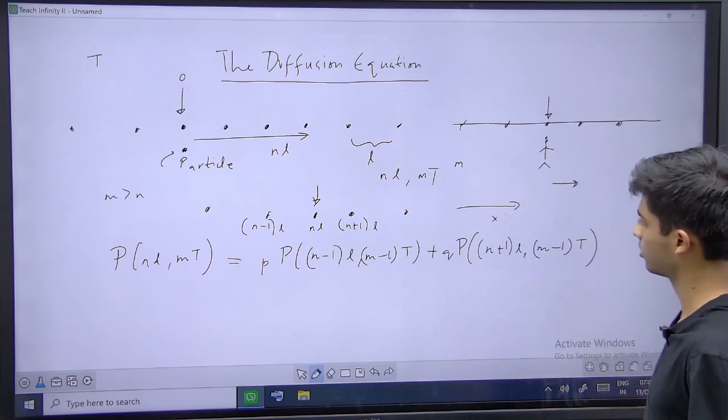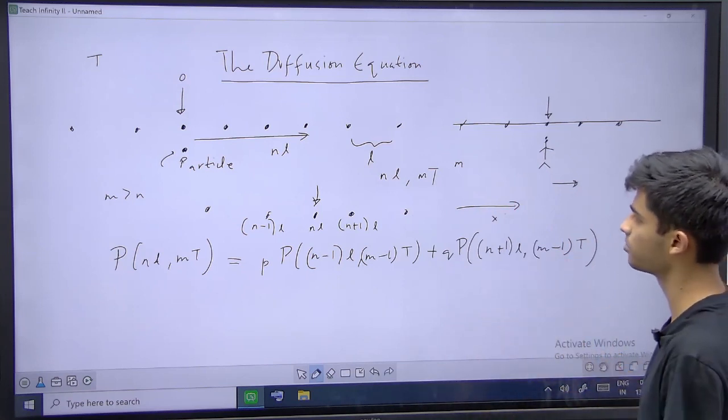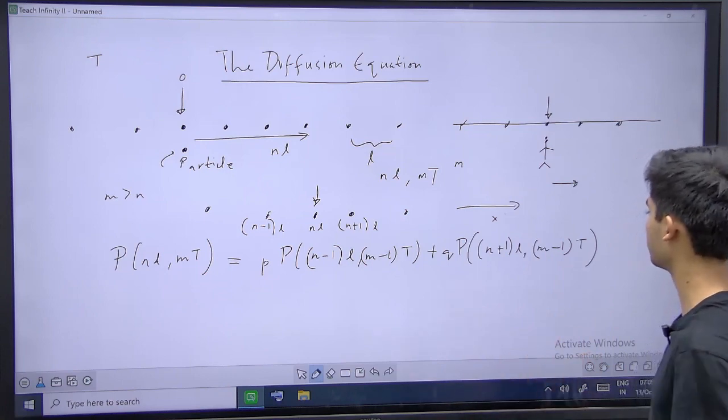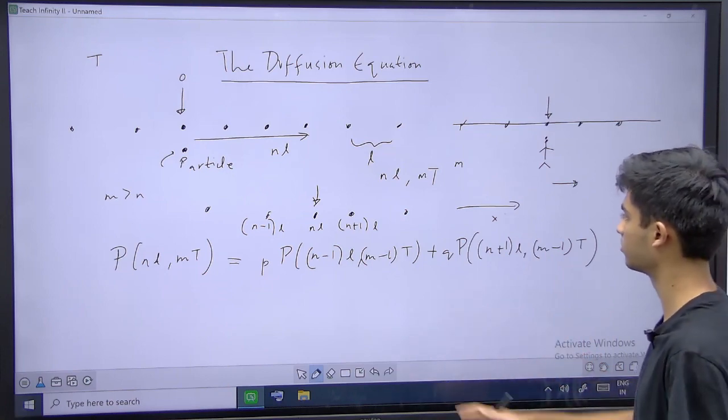So I've got a decent looking relation between P at n, m and the previous one, at m minus 1 and n minus 1.